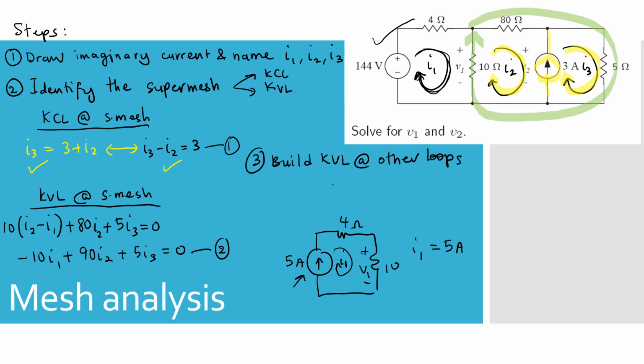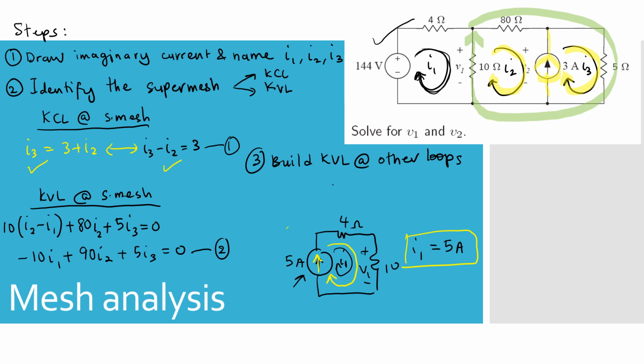Why? Because if you look at the current direction here, it follows this way. Sorry, maybe I should change the color. The current direction follows this way, which is the current 5 amps direction. So that's why you have I1 equal to 5 amps.